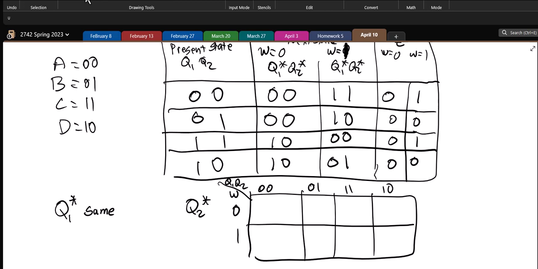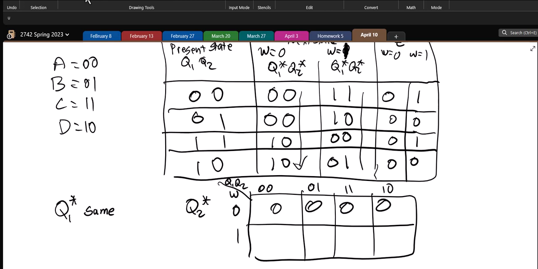Now, this is handy because our states are in the same order as going across on our Karnaugh map. So we can just copy straight from our state table onto our Karnaugh map. So for W equals 0, we just go down the column there, go across here. So it's Q2 right here, and those are all 0, so I can put in 0.